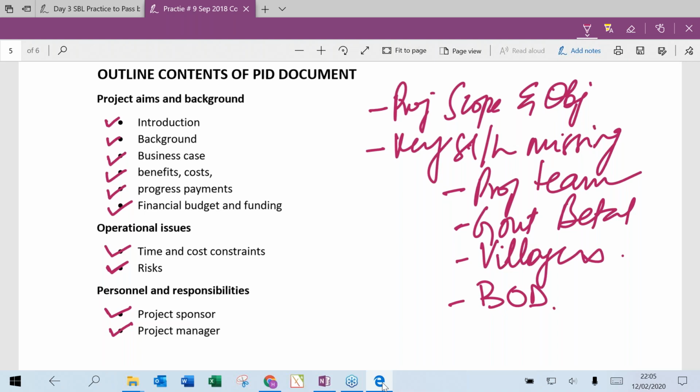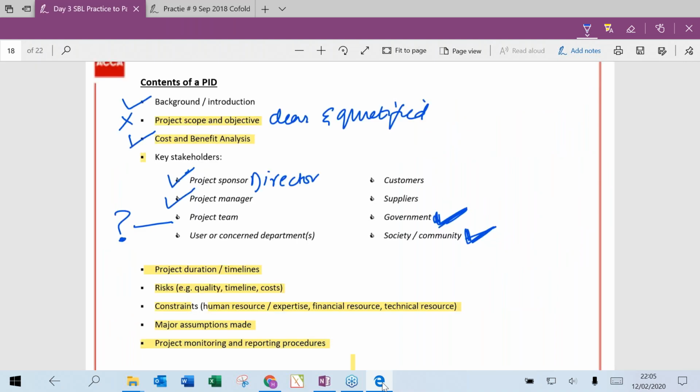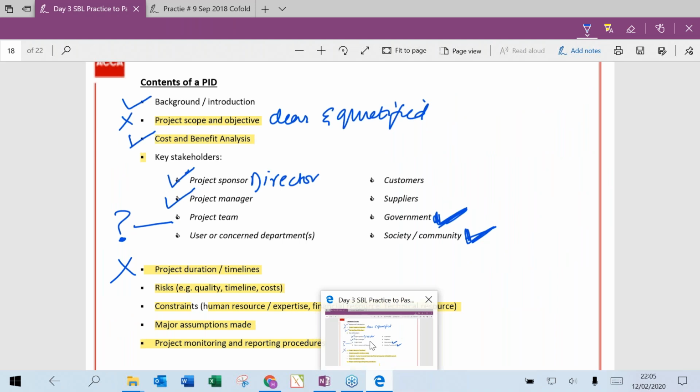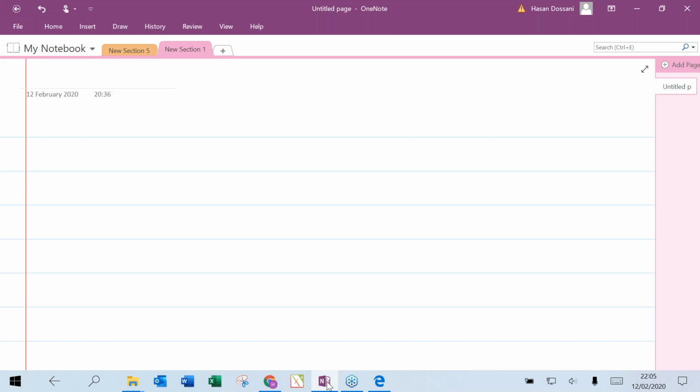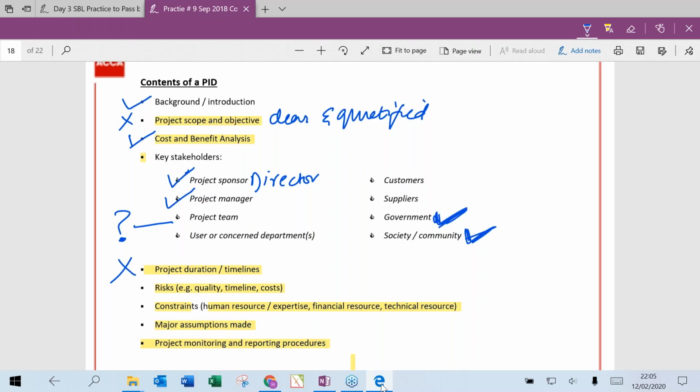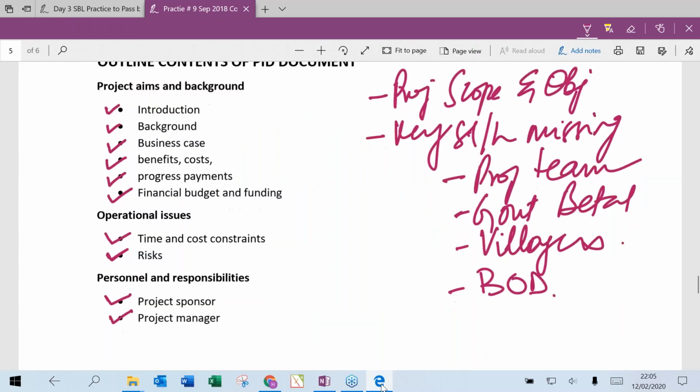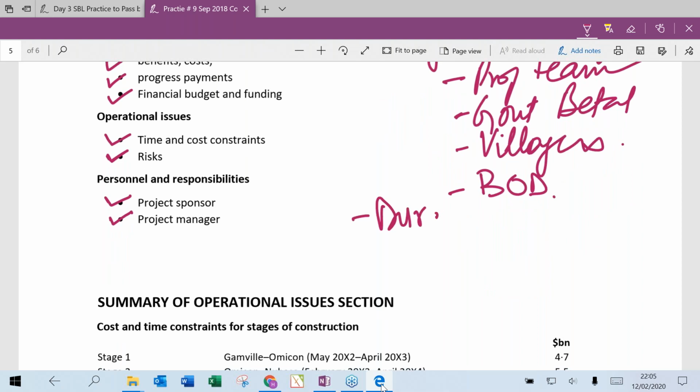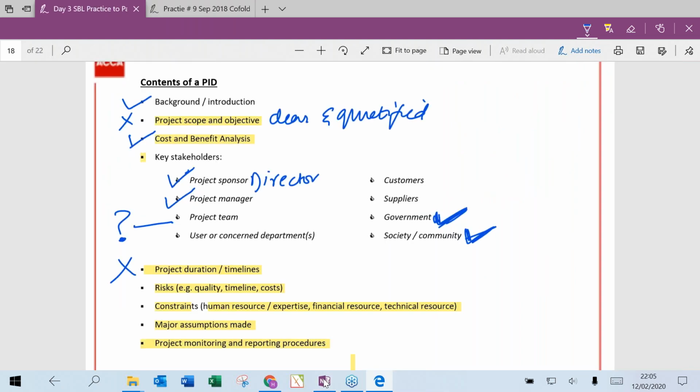Right. So what else is missing? Project duration. I don't see it there. Did you see the project duration there? No. So duration is missing. Very, very important. How much time will it take? Risks. I think he mentioned the risks.